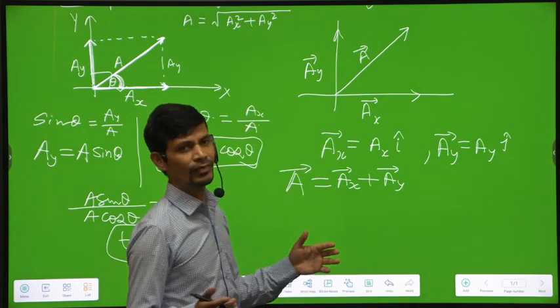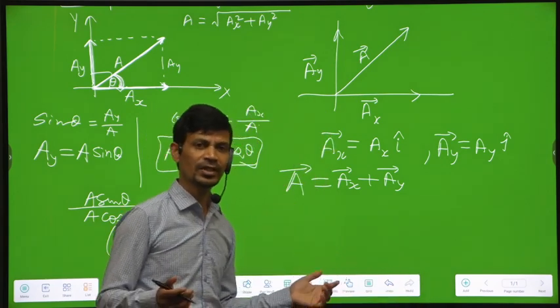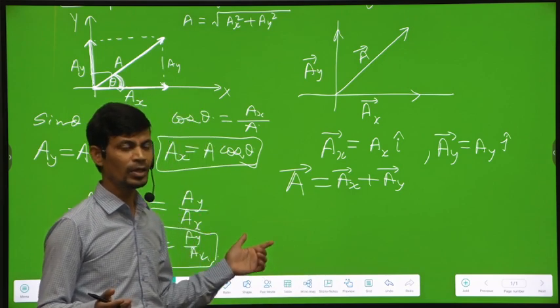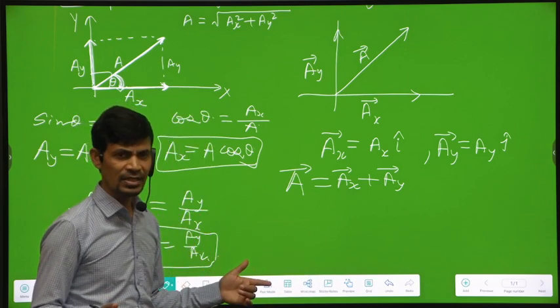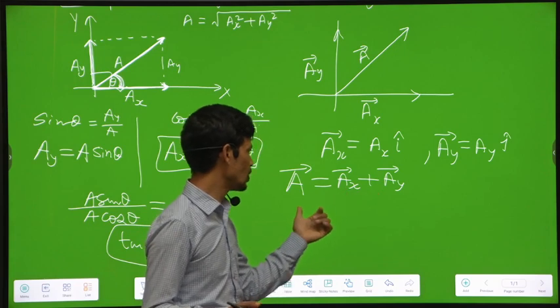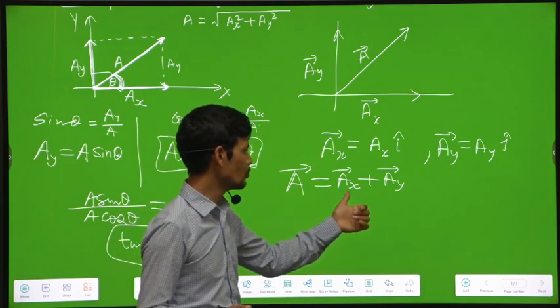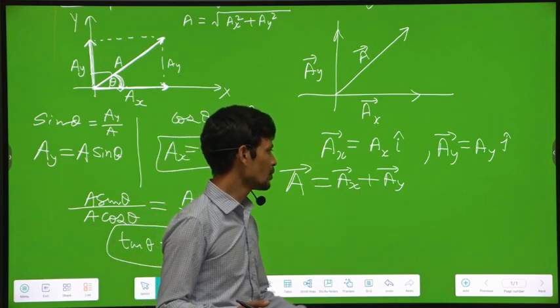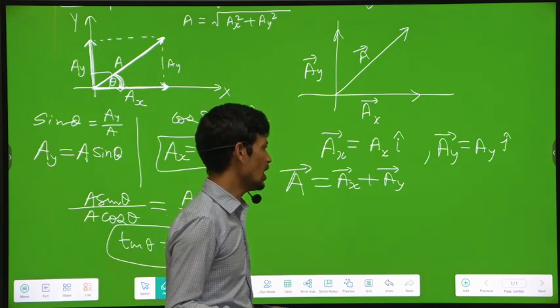Right now we have resolved this vector into rectangular components along x-axis and y-axis. So these are its components. So vector a is equal to vector ax plus vector ay.